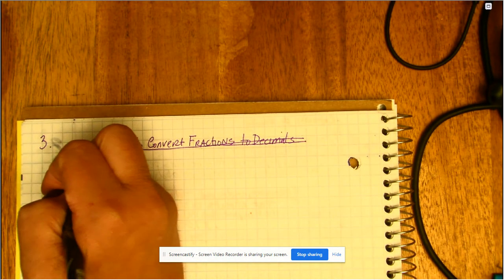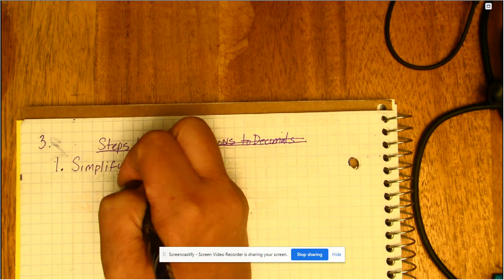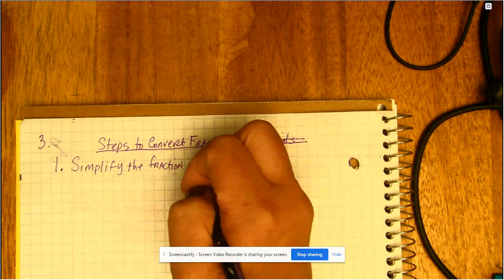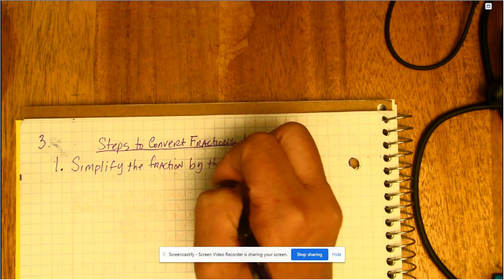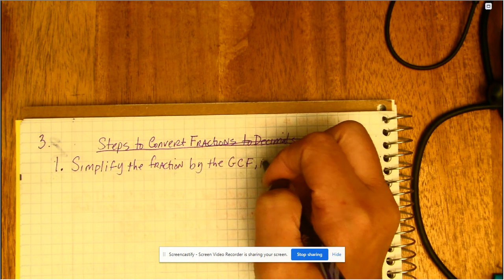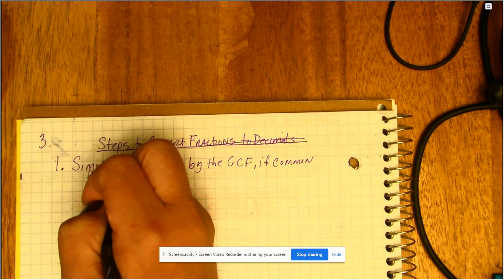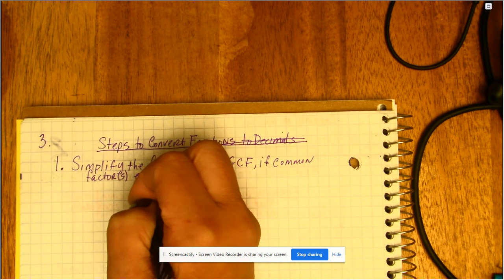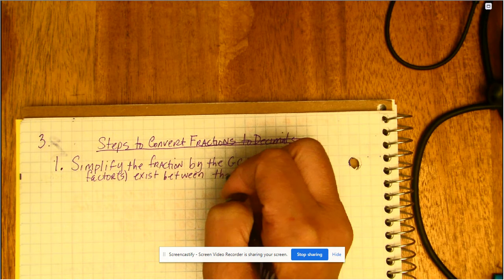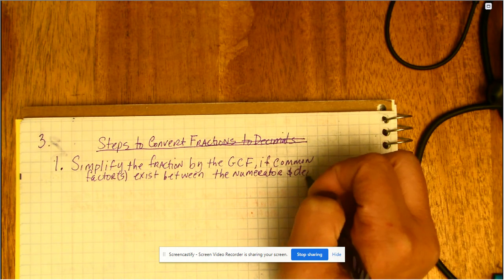And step number 1 is going to be simplify the fraction by the greatest common factor if common factors exist between the numerator and denominator.